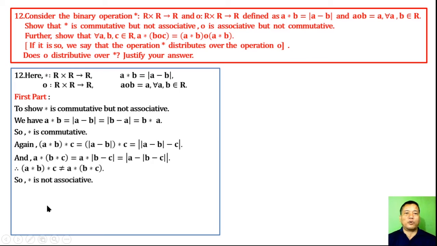Thus asterisk is commutative but not associative.